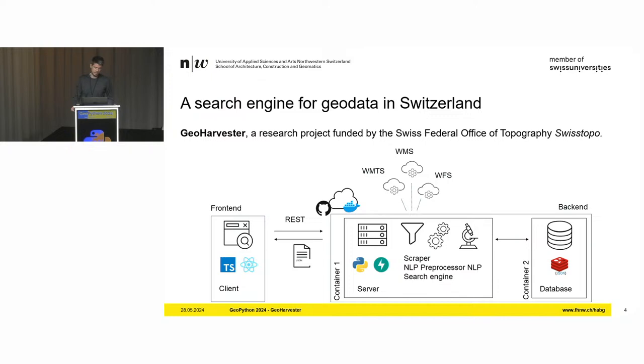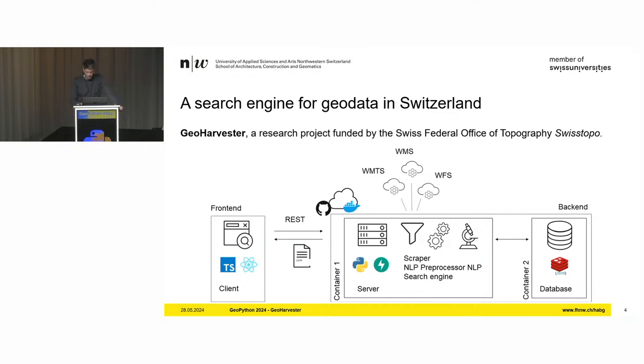Down here you can see the architecture. There is, of course, a front end, which is developed in TypeScript and React, no Python there. But it interacts with the backend, of course, with a REST API implemented using FastAPI.